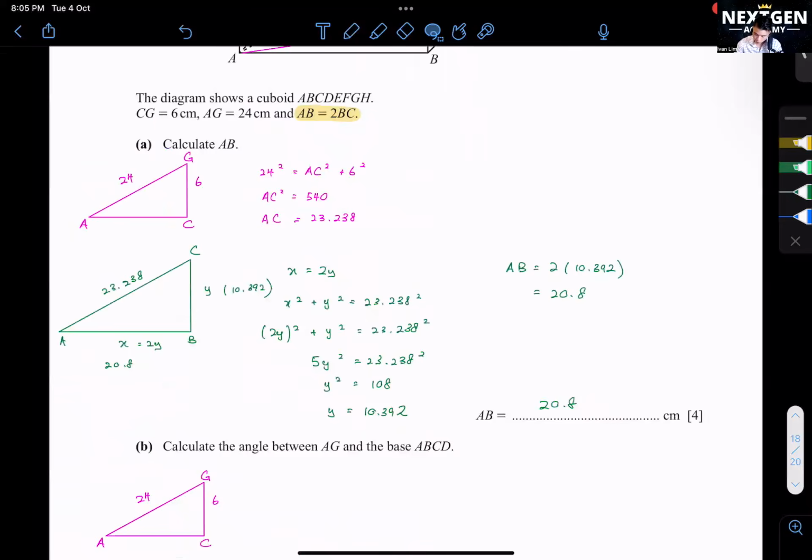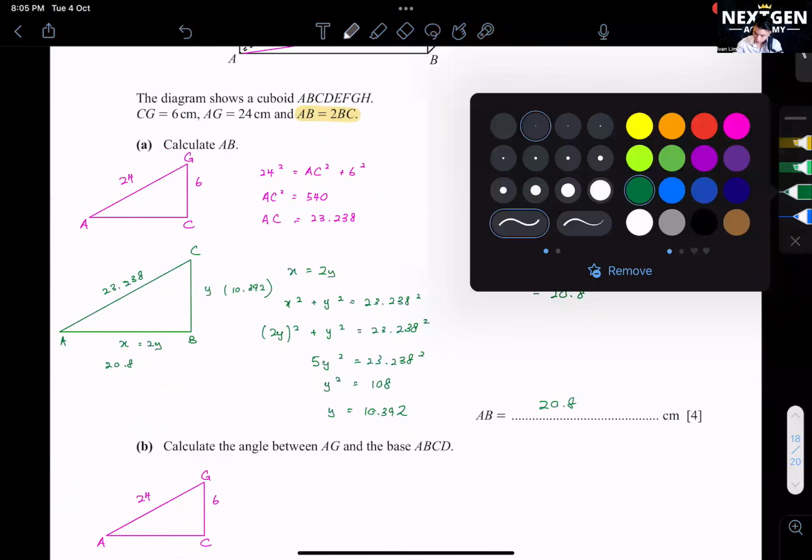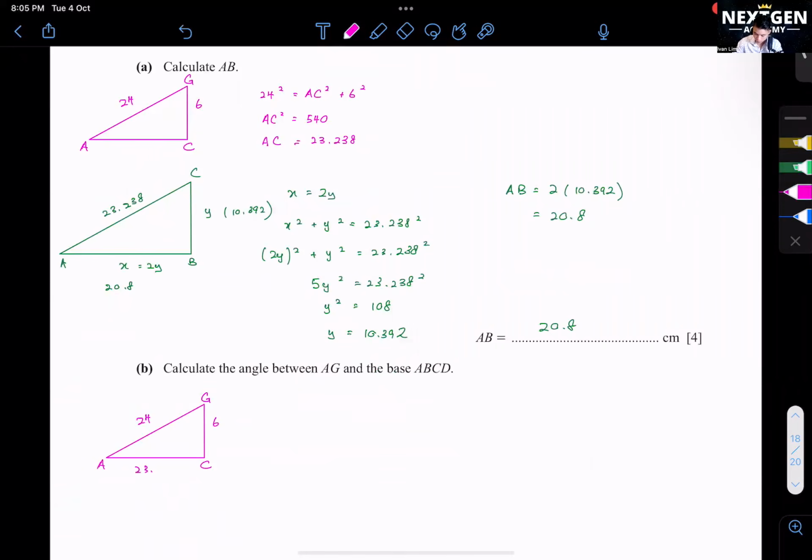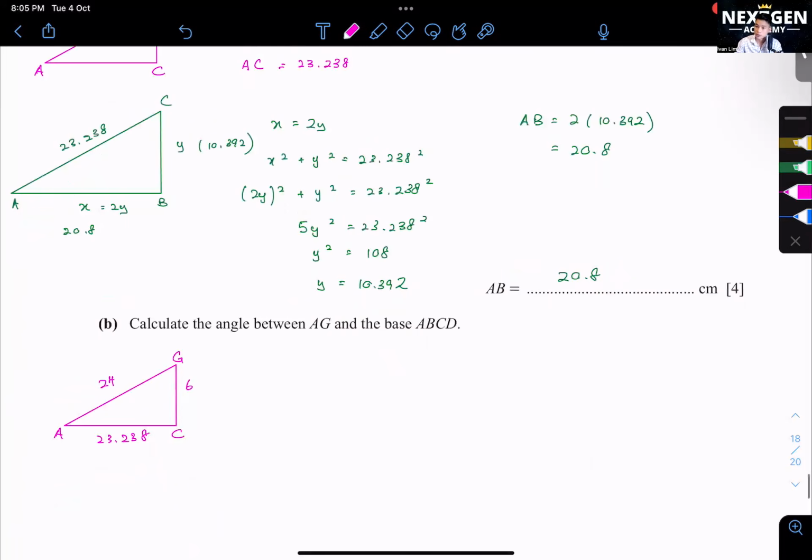Just now we calculated, given to us this is 6, then the bottom is 23.238. This one is actually quite easy, 3 marks. So we just want to find this theta here. We can use sine theta equals 6/24. Theta equals inverse sine 6/24. You will get 14.5 degrees.